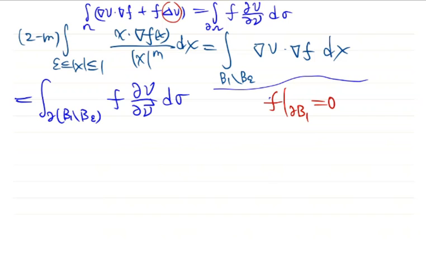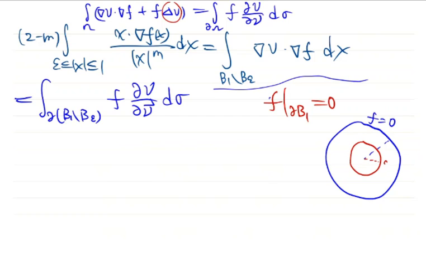So f is 0 here. The inner sphere is of radius epsilon, the outer is of radius 1. Therefore, the boundary of this domain consists of two parts, and on the outer part, that is the unit sphere, because f is 0 there, this term vanishes.